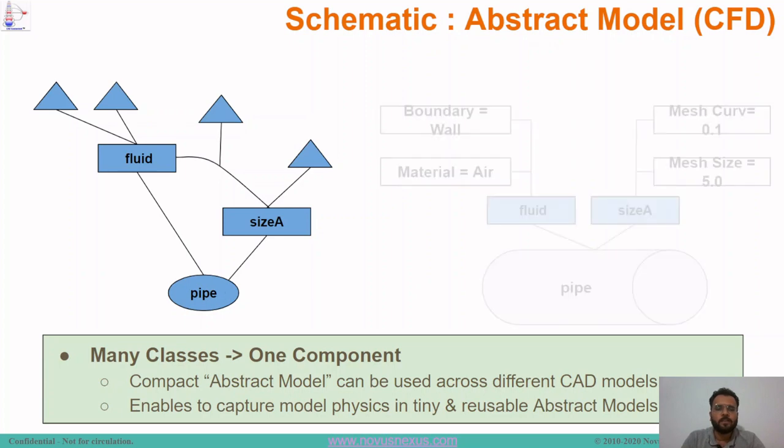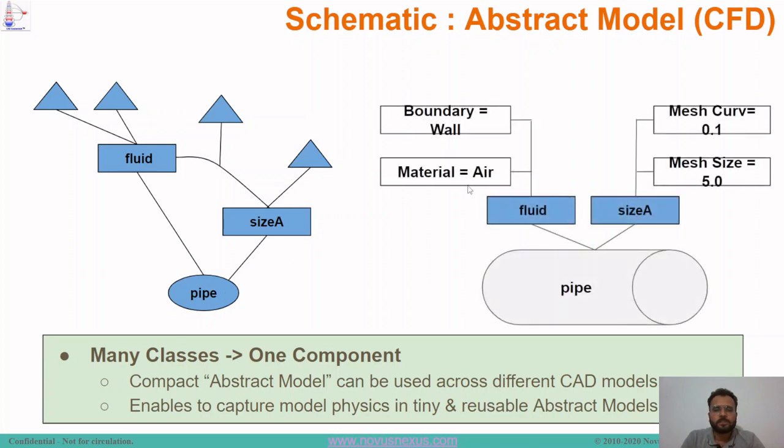For example, the fluid class can be used to define material and boundary condition, while the class size A can be used to define mesh size and curvature refinement. So this property helps the analyst to author a reusable abstract model that can be used for different CAD models.